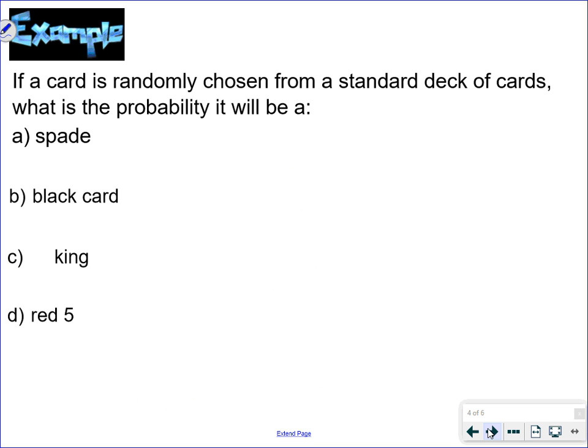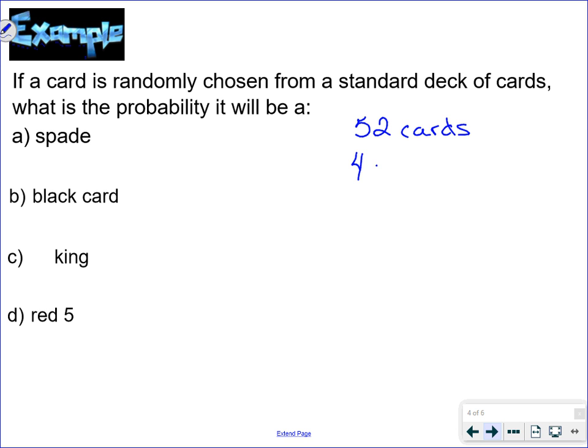If a card is randomly chosen from a standard deck of cards, what is the probability of it being a spade, a black card, a king, or a red 5? Let's refresh our memory about a standard deck of cards. There are 52 cards in a deck.